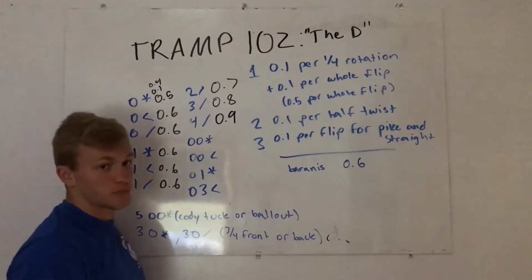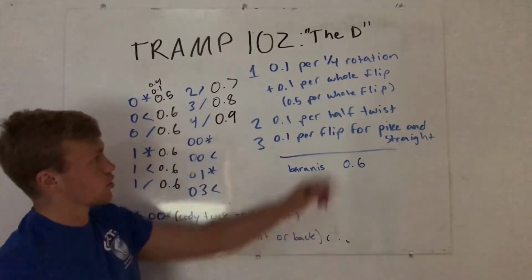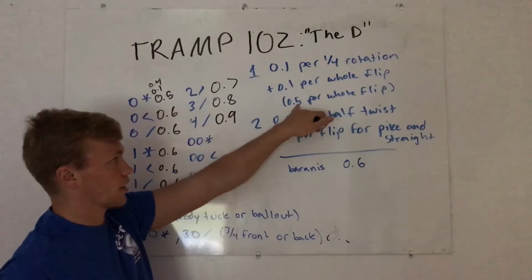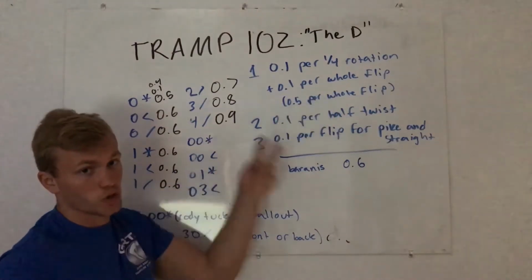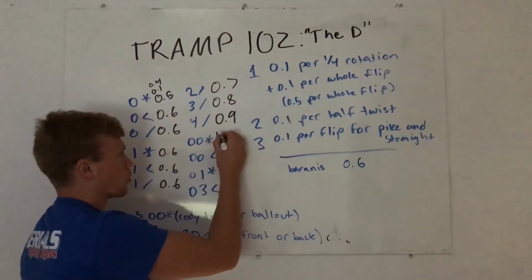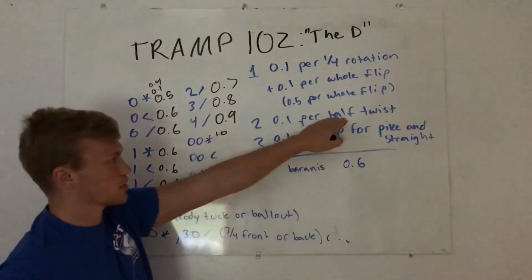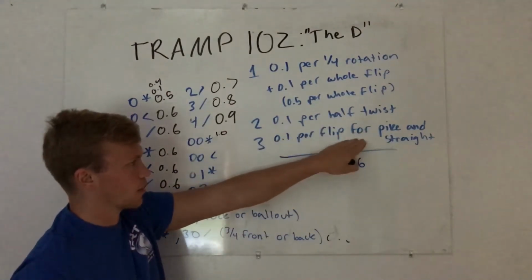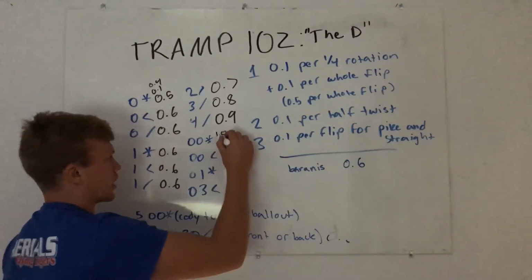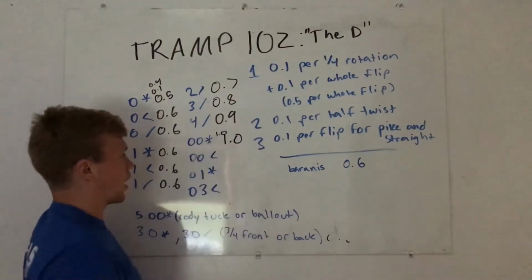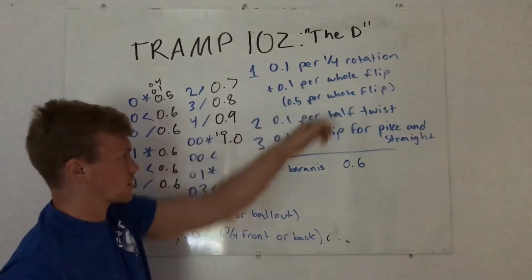So then moving on to some double flips, a double back tuck, you're gonna get a half a point per flip, 2 flips, that puts us up to a whole point, 1.0. No twists and no position bonus, so then we stay at a 1.0 for the double tuck. A double pike starts at a 1.0 because it's 2 flips.